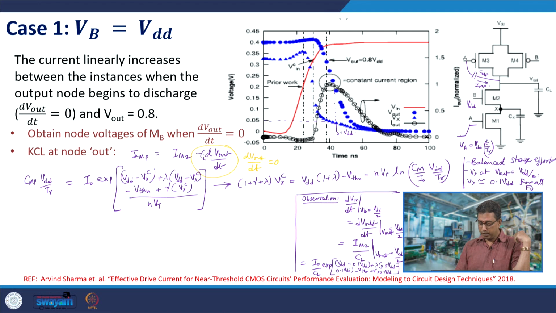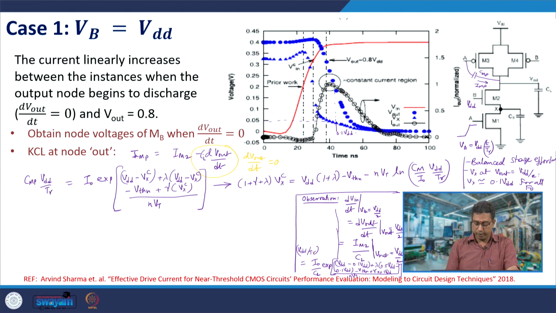This entire thing is divided by nVT. Now we use this, substituting it for VDD by TR, because dVin by dt when V is equal to VDD by 2 is VDD by TR.